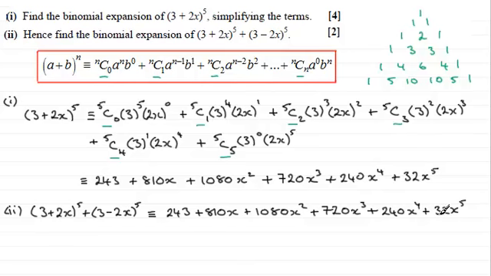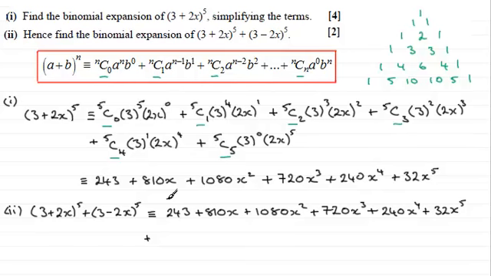Now to this we need to add this expansion. Now all we're doing is replacing the b with minus 2x. The a and the n stay exactly the same. So what we're going to have for this term in here would be minus 2x, but minus 2x to the power 0 is just going to be 1 anyway.